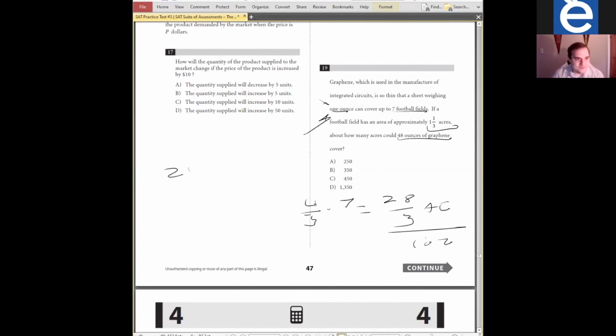So what we have is 28 over 3 acres per ounce, right? Now, it's telling us how many acres could it cover with 48 ounces, times 48 ounces. The ounces cancel and we're left with acres. And when we actually multiply those, we end up with 448, but that's because we're rounding. So the answer is 450. Huzzah.